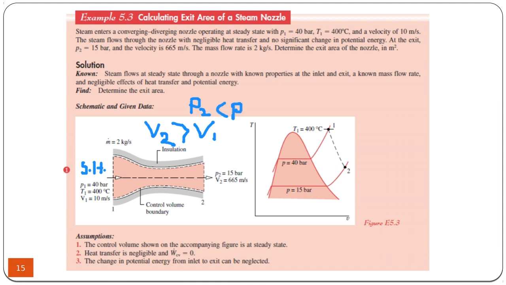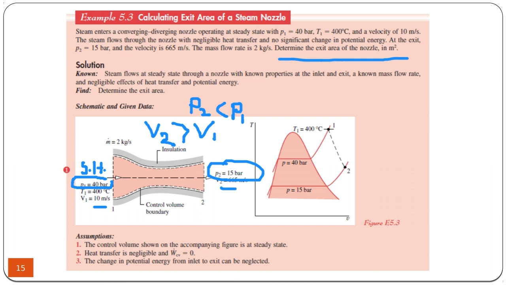And it's asking for the exit area necessary for this nozzle. So we have a pressure of 15 bar at the exit. As you can see, the pressure has gone from 40 to 15. And also, inlet velocity and exit velocities are given. Exit velocity is much higher than the inlet velocity, which is expected because it's a nozzle.